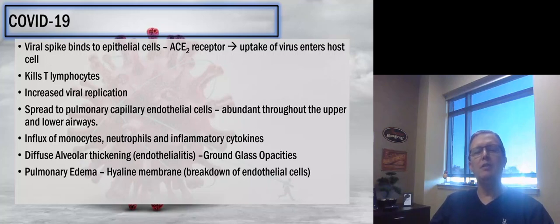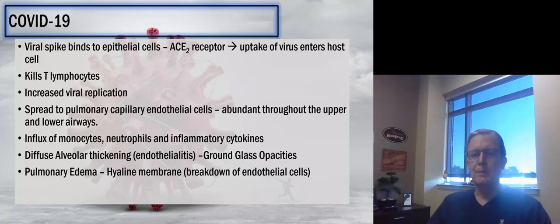So the issue here is that there are so many locations for ACE2 receptors throughout the airways. It's not like pneumonia, which tends to aggregate in one location, in a lobe or in a region of the lung.